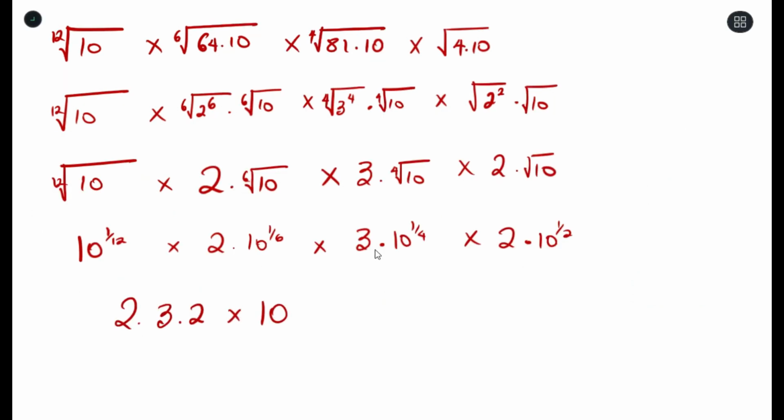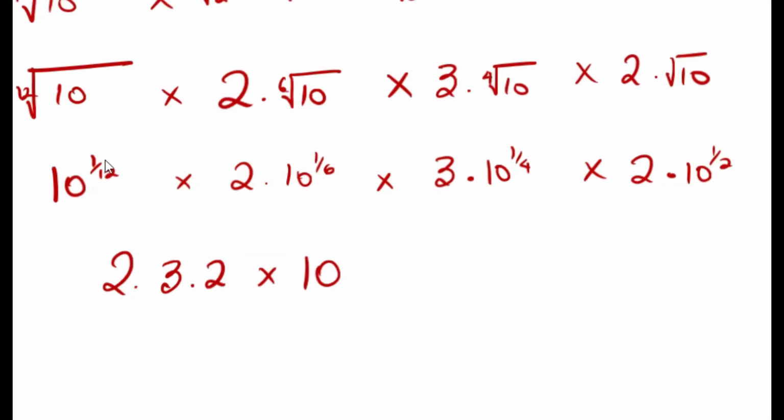So now we can multiply the numbers 2, 3, and 2, and the 10 with exponents 1 over 12, 1 over 6, 1 over 4, 1 over 2. Now since they have the same base, we normally add the exponents.